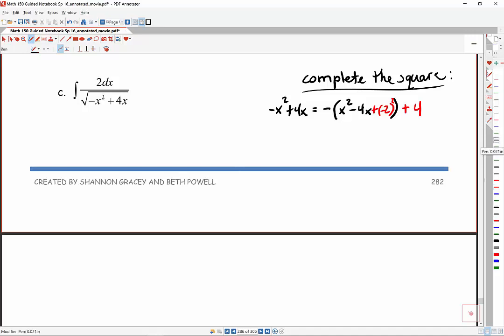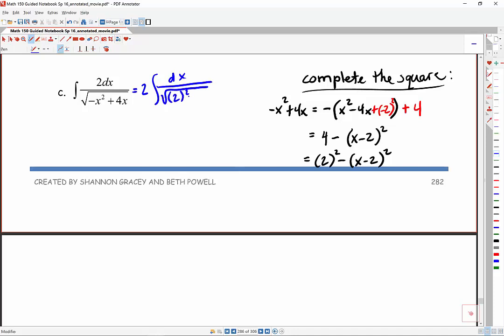So now this is going to give us 4 minus the quantity x minus 2 squared, right? And hey, isn't that 2 squared minus x minus 2 quantity squared? So let's see what we should do over here. If we bring the 2 outside the integral, we'll have dx over the square root of 2 squared minus x minus 2 squared.